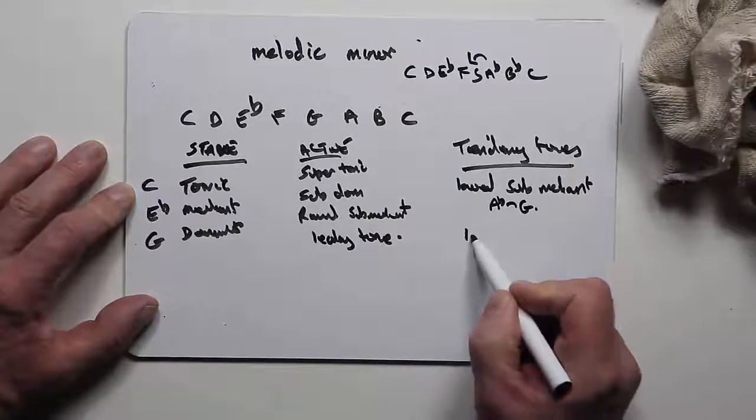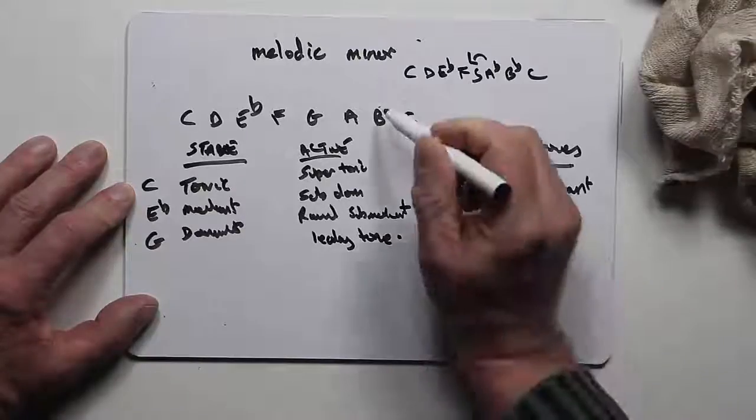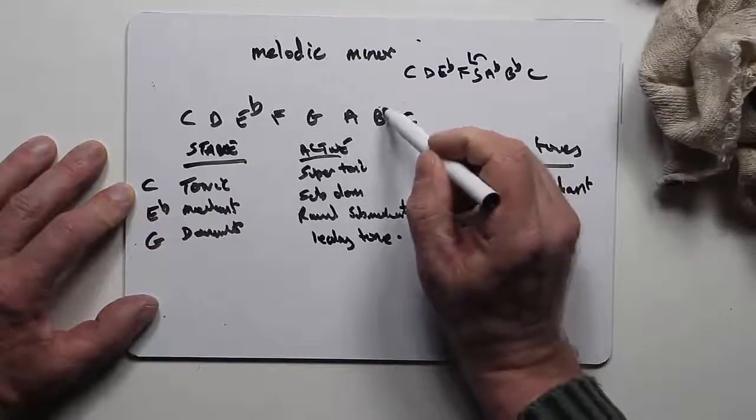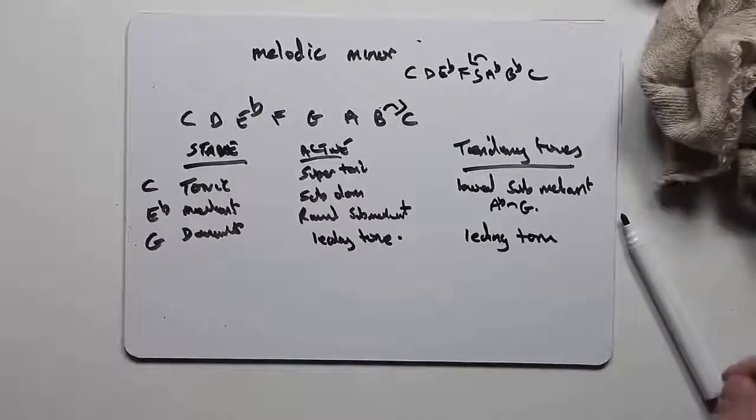And then you've also got the leading tone is also a tendency tone, because in the ascending melodic minor that B wants to go to C.